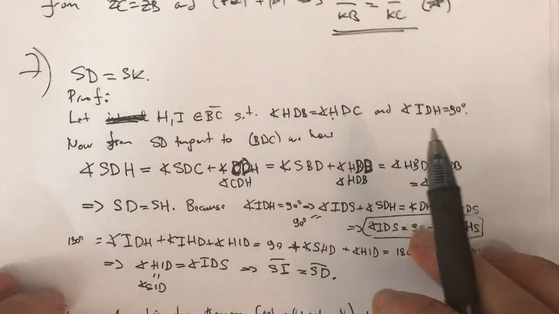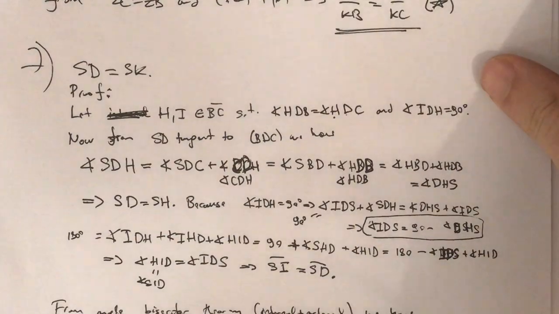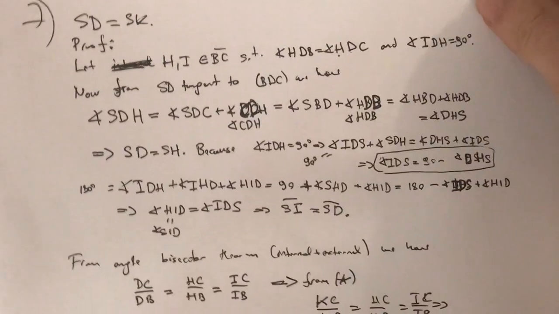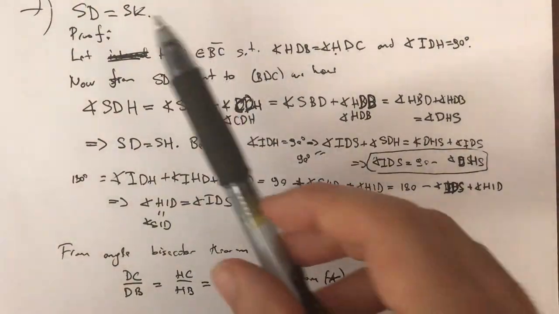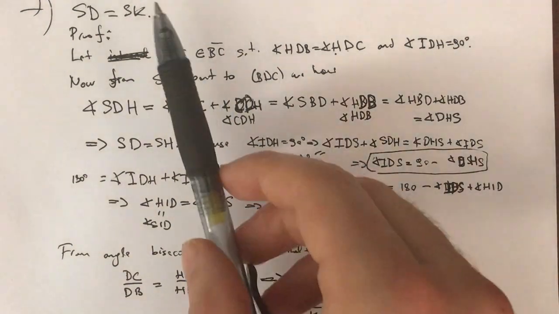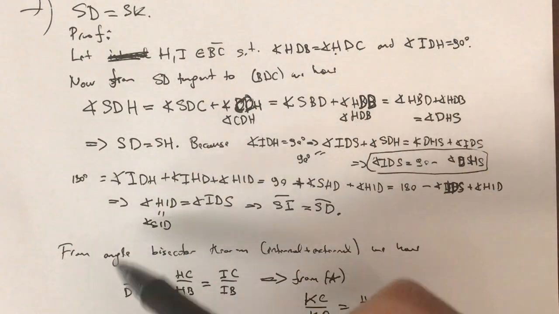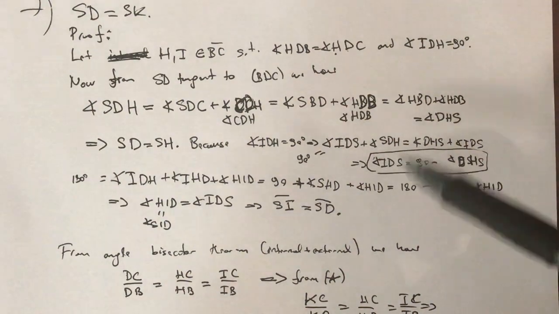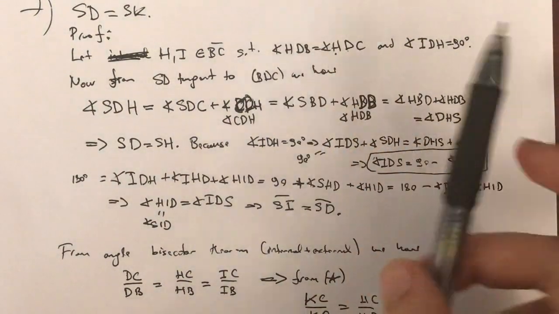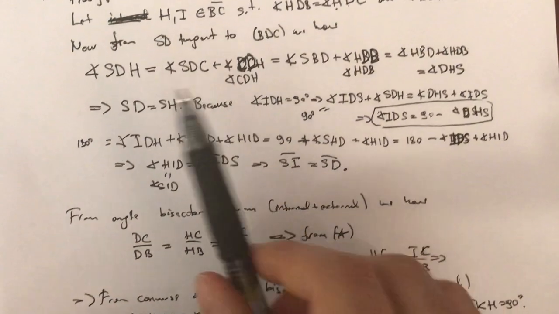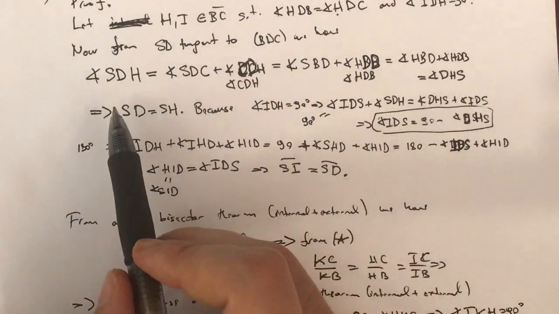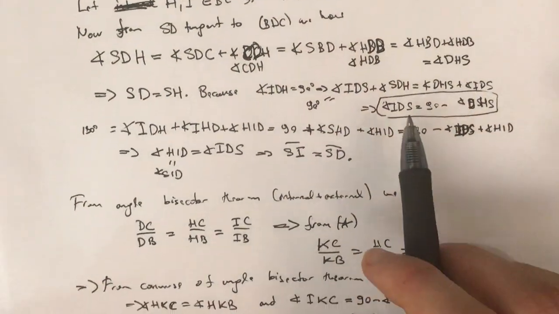And now with this, we move on to our seventh claim, and the way we do this is by proving really the converse of the Apollonius theorem. So you take H and I such that these are where the internal and external angle bisectors of BCD meet the side BC. Then you do some calculations and you figure out that SD equals SH equals SI.